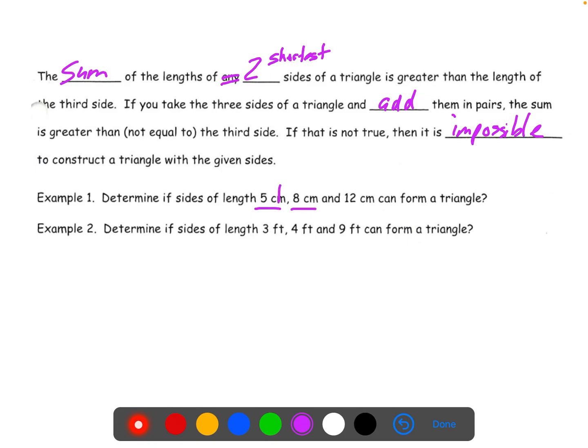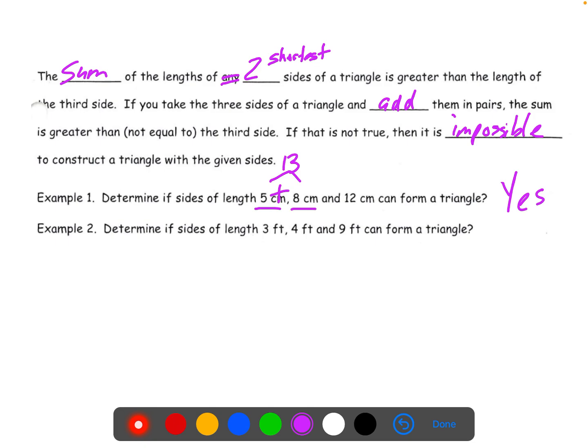So we're going to add those up, and that will give us 13 as a sum here. And remember, as long as the two shortest sides are greater than the length of the third side, if the sum of 13 is greater than 12, then we have a triangle. So yes, this will create a triangle.